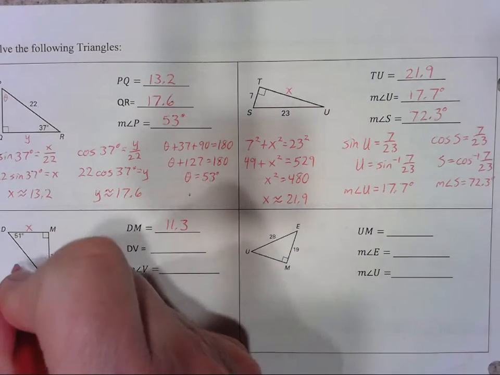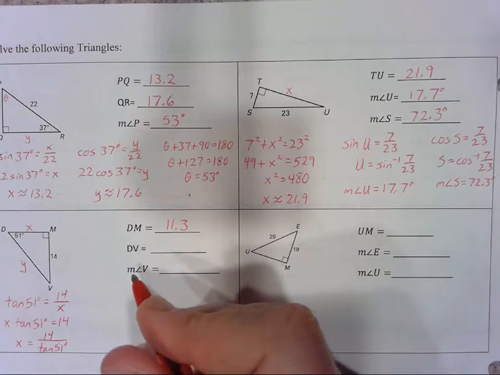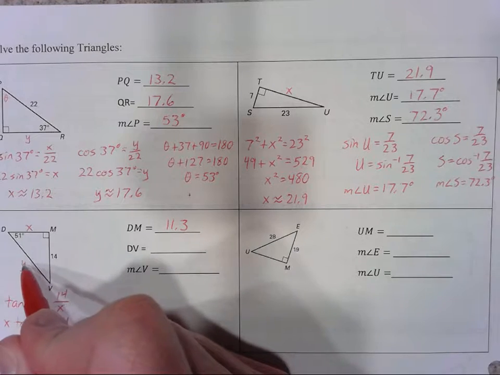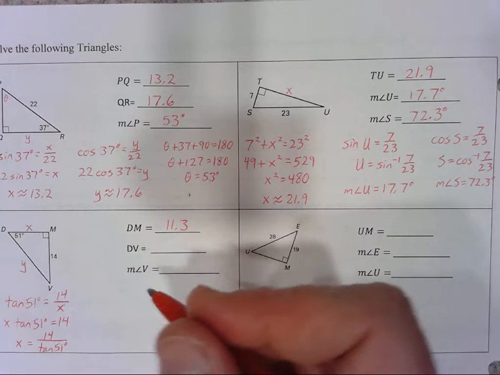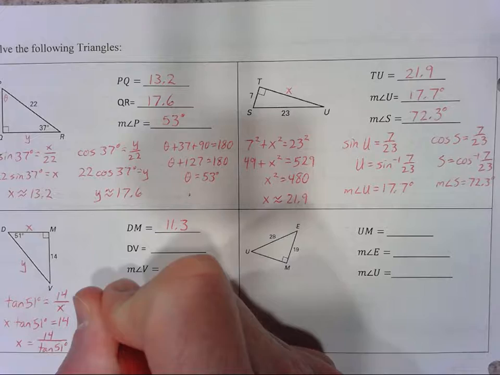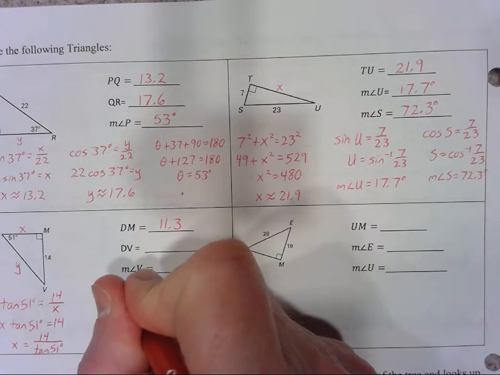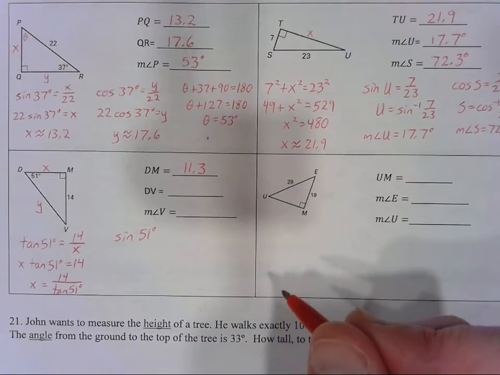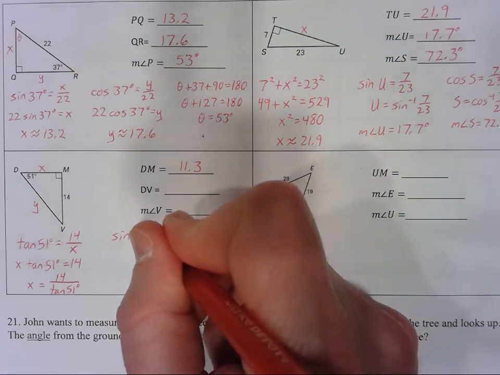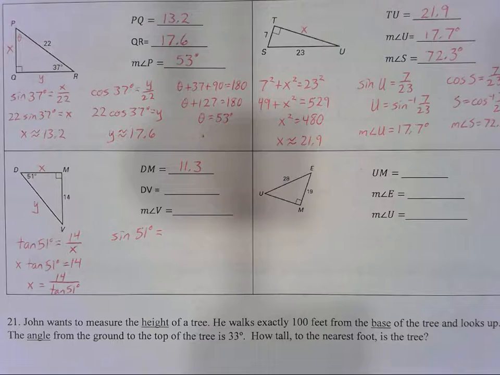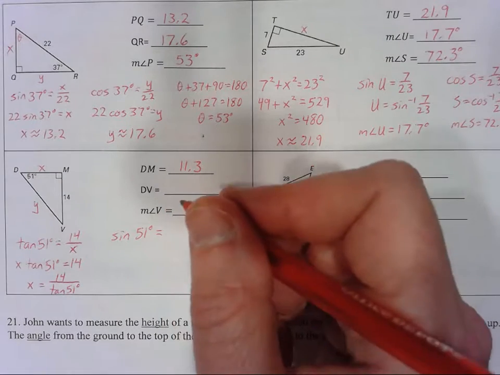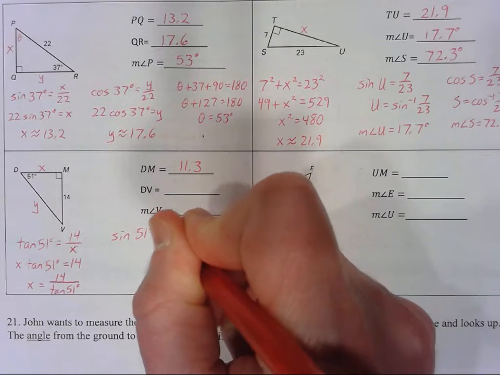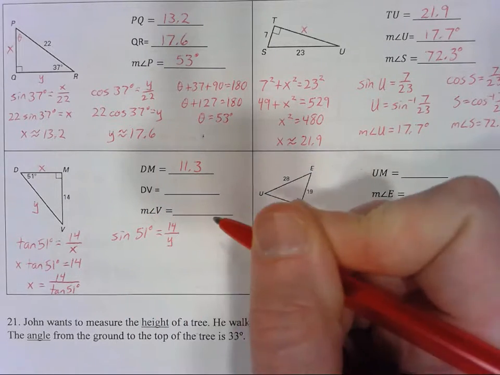dv is the other missing side. So, using the opposite side, looking for the hypotenuse. Opposite and hypotenuse is sine. Therefore, sine of 51 degrees is equal to the opposite side 14 divided by the hypotenuse y.